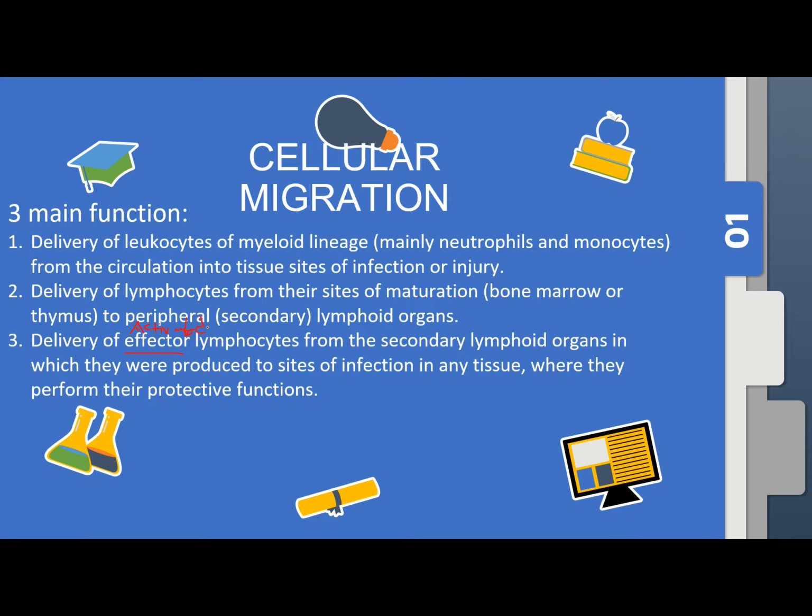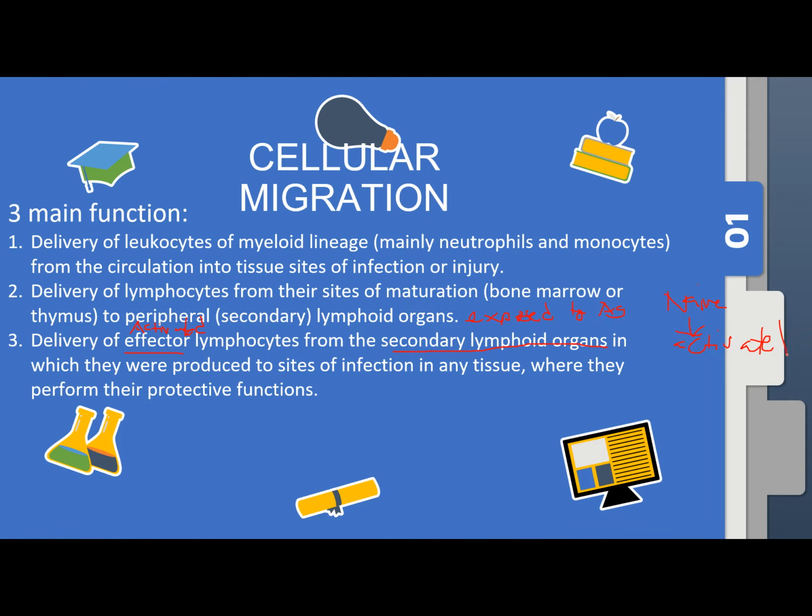The delivery of effector lymphocytes from the secondary lymphoid organs, as I mentioned earlier in the diagram I tried making. The secondary lymphoid organs, class, this is where they would be exposed to antigen.